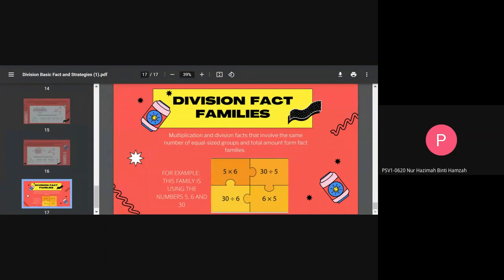As you can see, 5 times 6 is equal to 30, while 30 divided by 5 is equal to 6, and 30 divided by 6 is equal to 5, and 6 times 5 is 30. So the numbers just repeat and produce each other, that's why it's called a fact family.